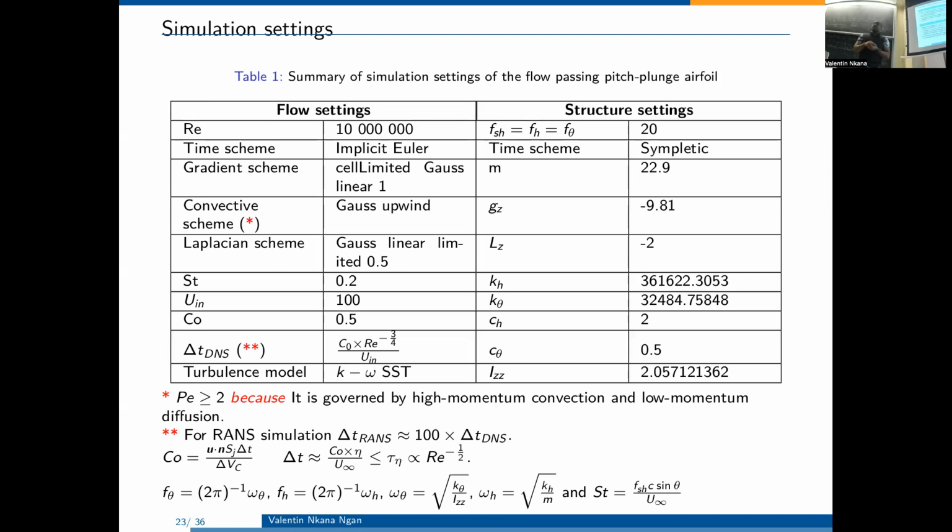The viscosity is also the viscosity of the air. So the only problem here is that it's incompressible. If we move to compressible, we are sure that the simulation is really close to a real life problem.